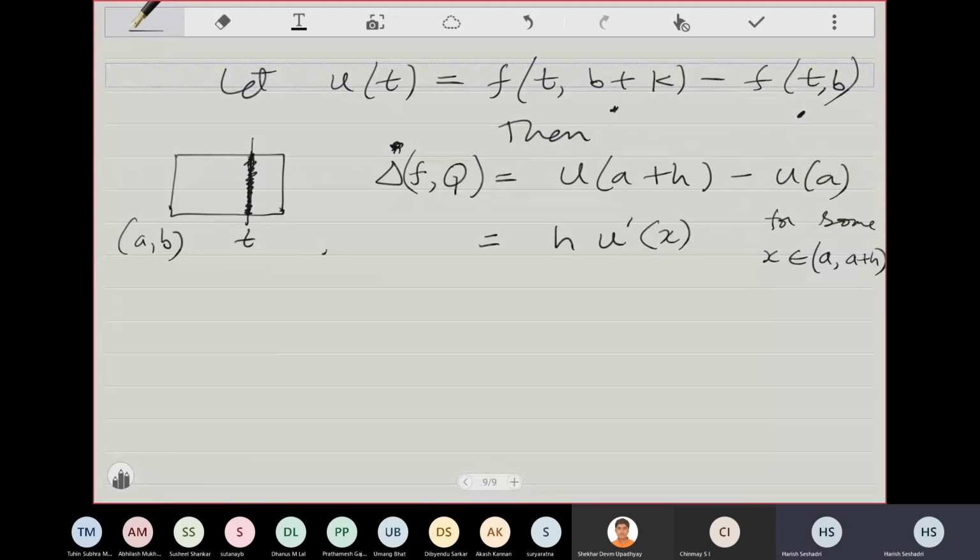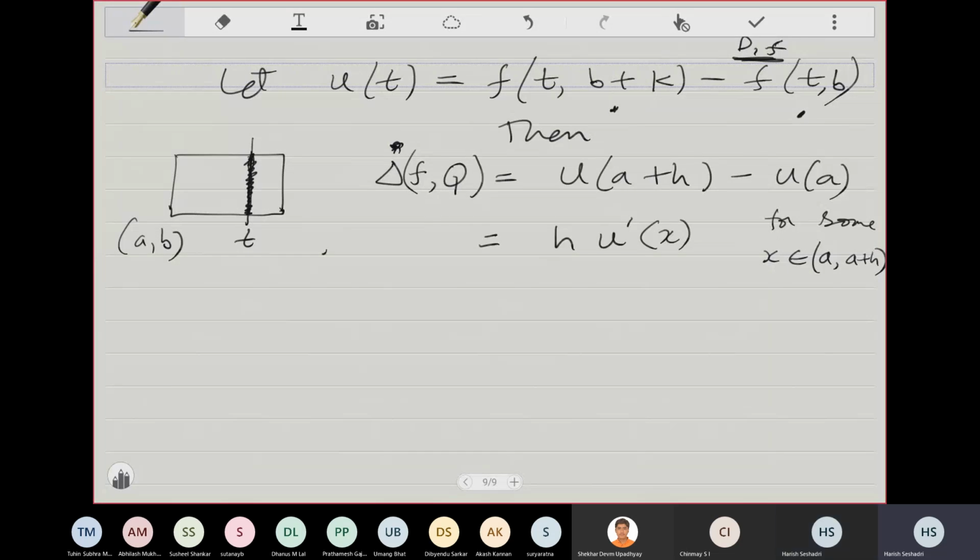These two functions are differentiable because I have assumed that d1f exists at all points. Because of this assumption, both of these are differentiable, and one minus another is differentiable. Therefore, I can apply the mean value theorem to u. So I get this, all right.